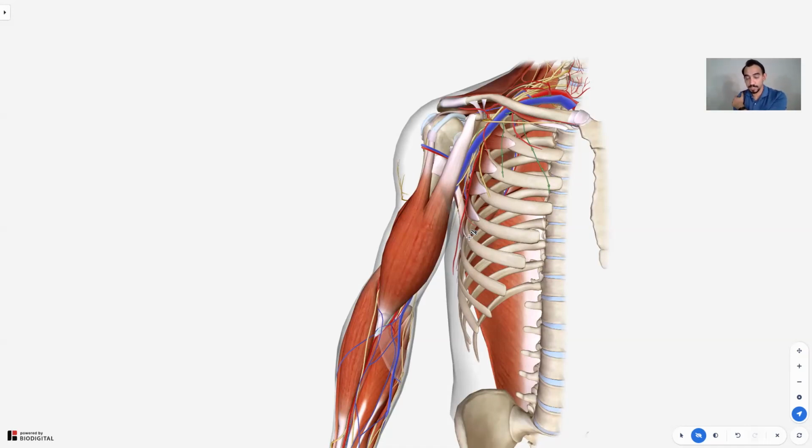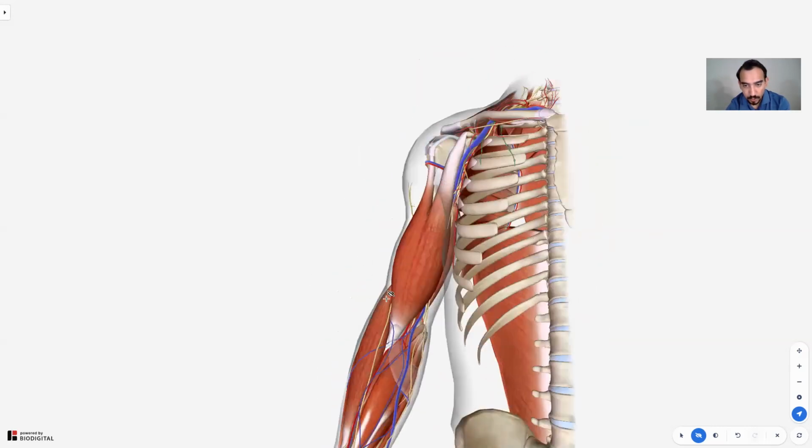So patients who have a paralyzed deltoid or abductors can externally rotate and do abduction. Those are the two heads originating.